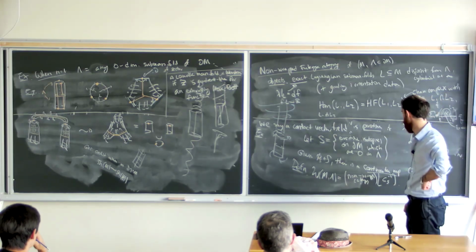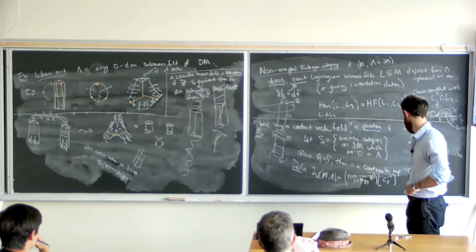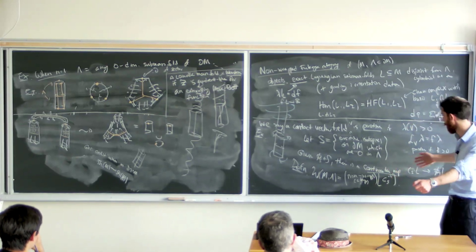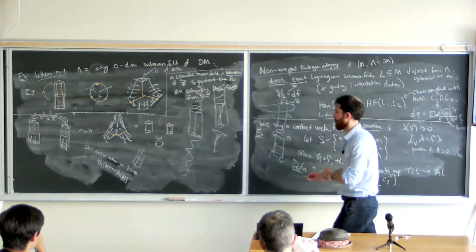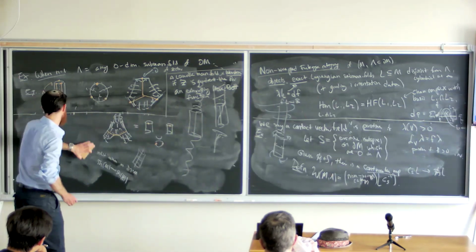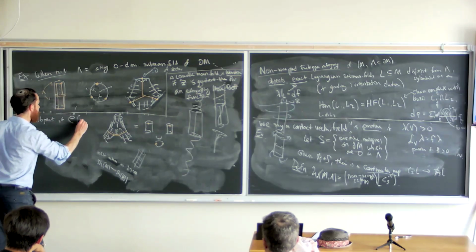I think the right thing to say is that I can take an object of this, which is going to be a formal object of the localized category.